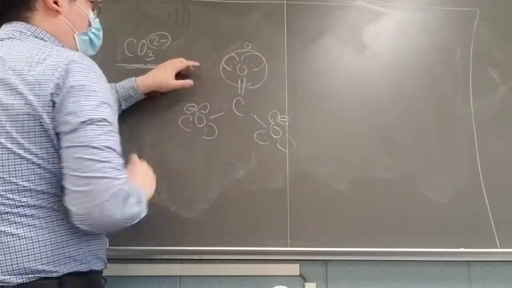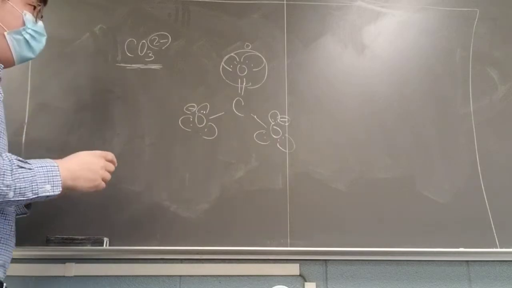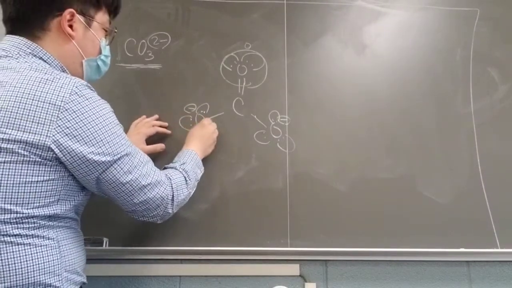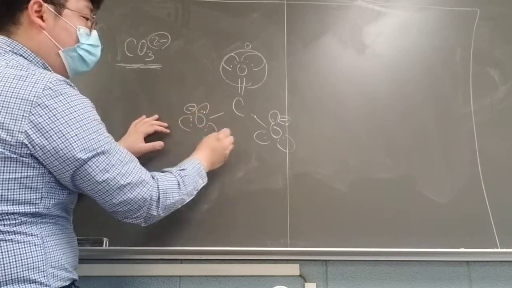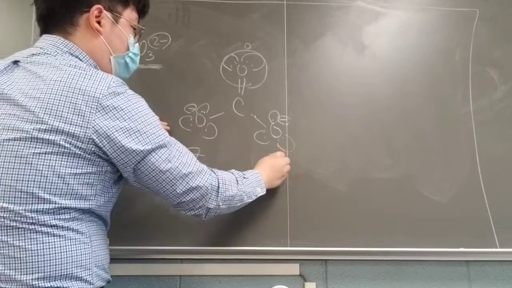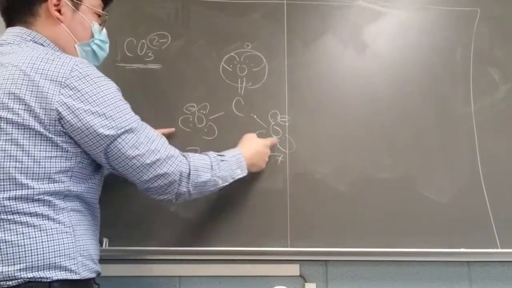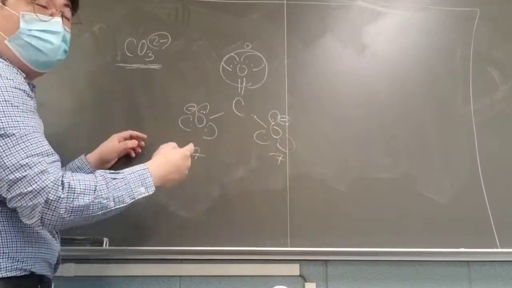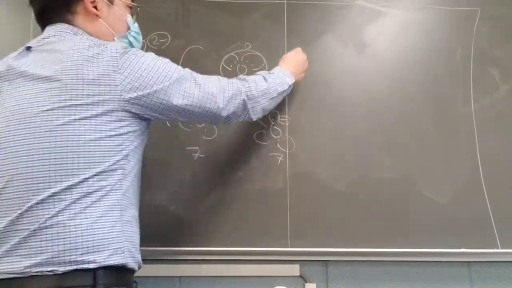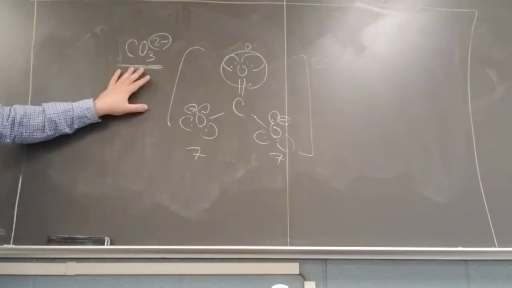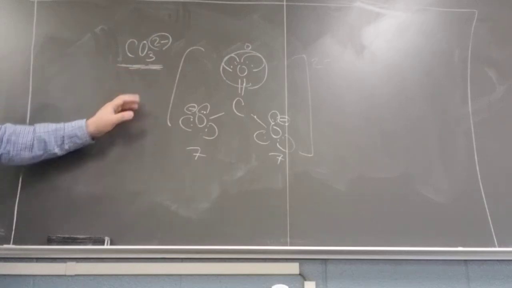So its formal charge will be 0. But this one has 3 lone pairs too, so it'll be 1, 2, 3, 4, 5, 6, 7. And this one too, 1, 2, 3, 4, 5, 6, 7. So it has 7 instead of 6, which means they do indeed carry 1 extra electron. That is the negative charge. So with 1 and 2 in total, the whole compound has a formal charge of negative 2. Make sense, right?